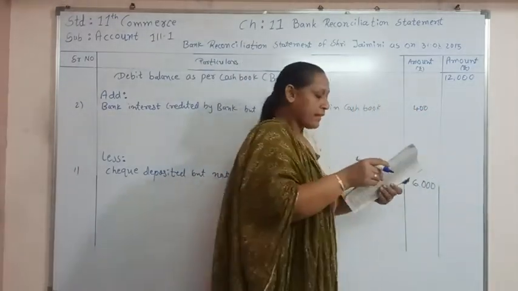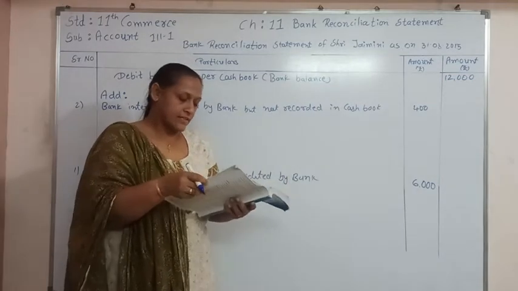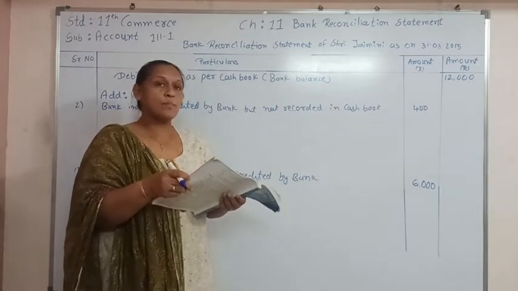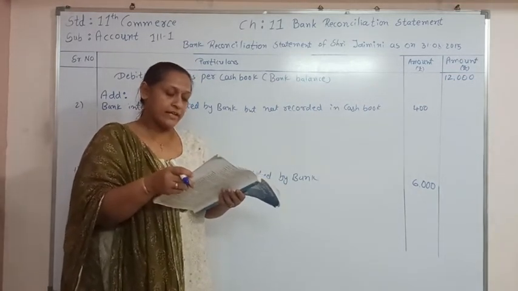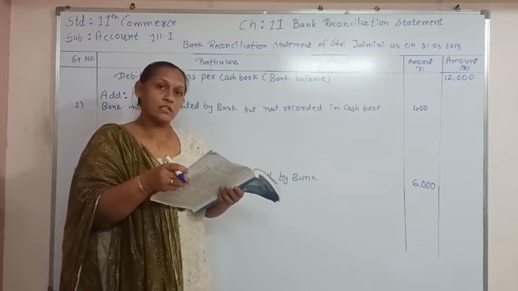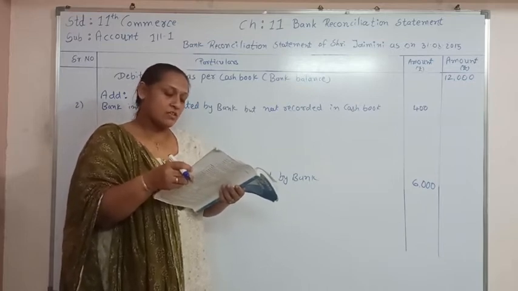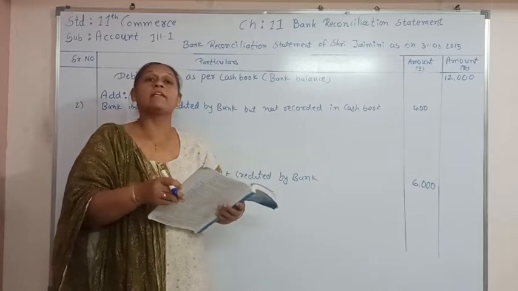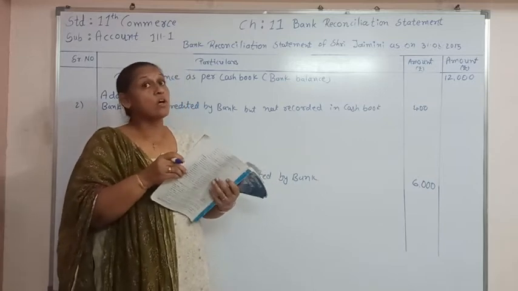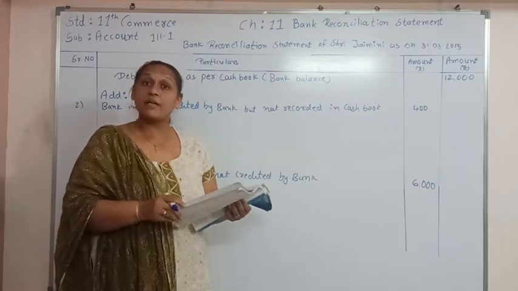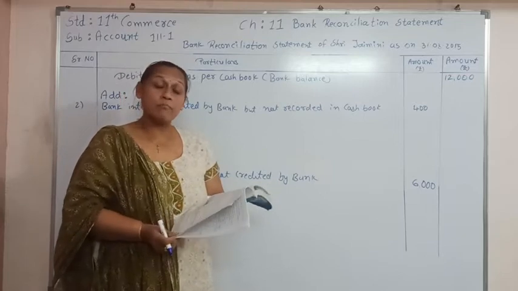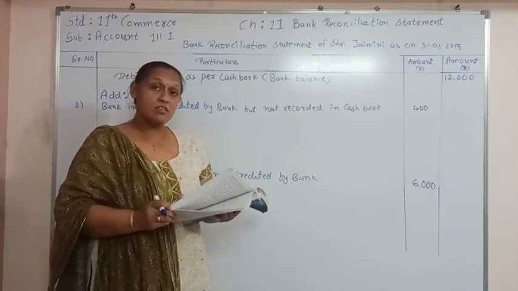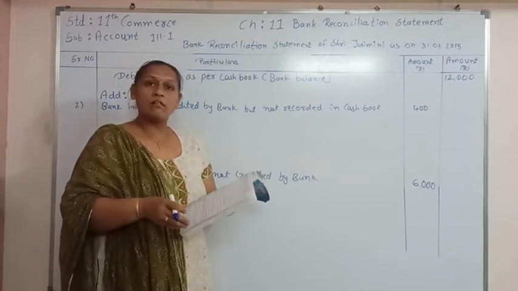Now, let's see the third transaction. That is, a check of rupees 2000 is drawn and issued to Dev on 31st 3/15, which is here not presented for payment in bank. So we have written the check. That means we have made the payment, and because of payment, the balance of cash book will be less.